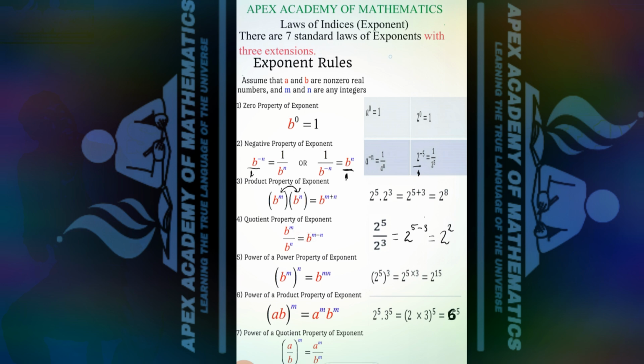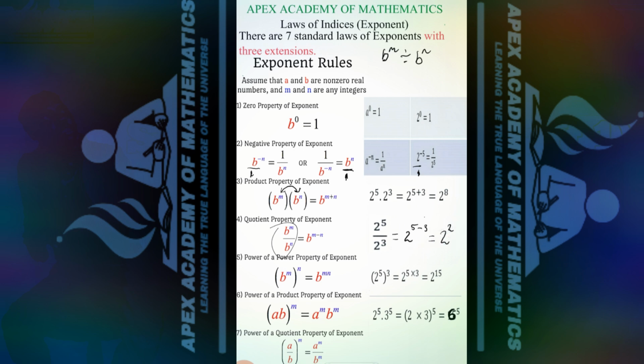You may see it written like b to the m divided by b to the n, or in fractional form. Here's an example: 2 to the power of 5 divided by 2 to the power of 3 is equal to 2 to the power of 5 minus 3, and we get 2 to the power of 2.